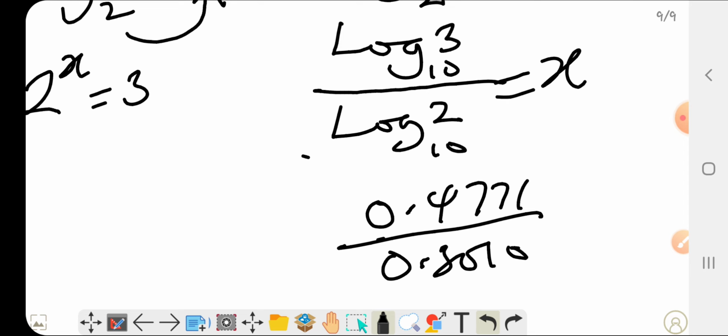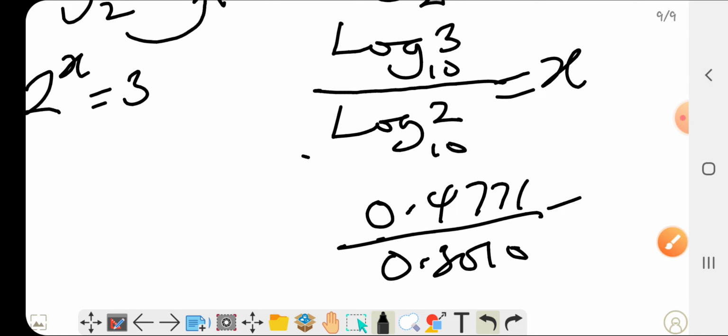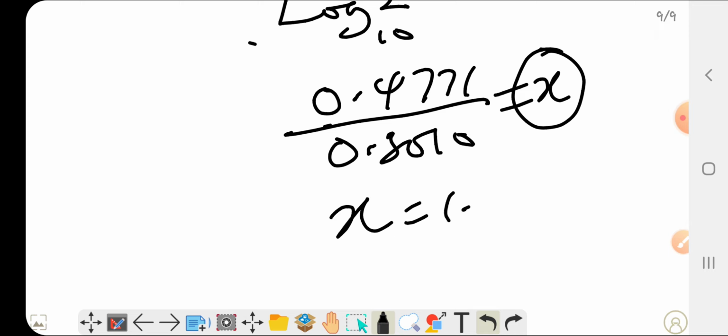Then you place your equals x again down here, equals x. Then you further simplify by dividing the values. So 0.4771 divided by 0.3010 gives me 1.5851. So x equals 1.58.